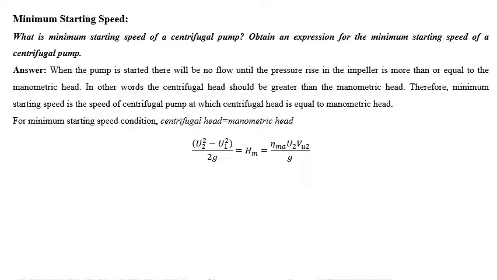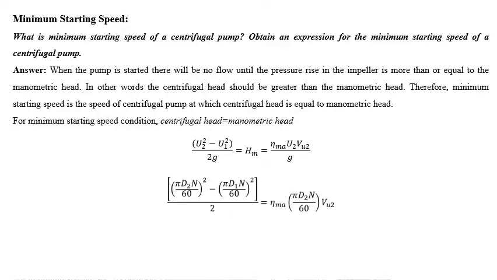From the manometric efficiency expression, the manometric head equals the manometric efficiency times U2, the tangential velocity at exit, times Vu2 divided by g. Now g gets cancelled on both sides.